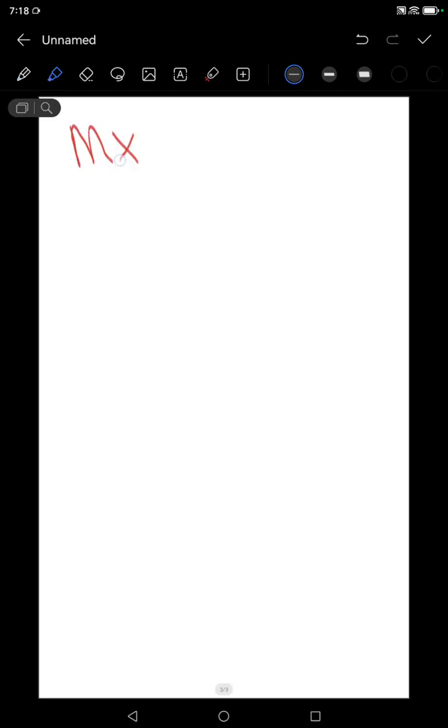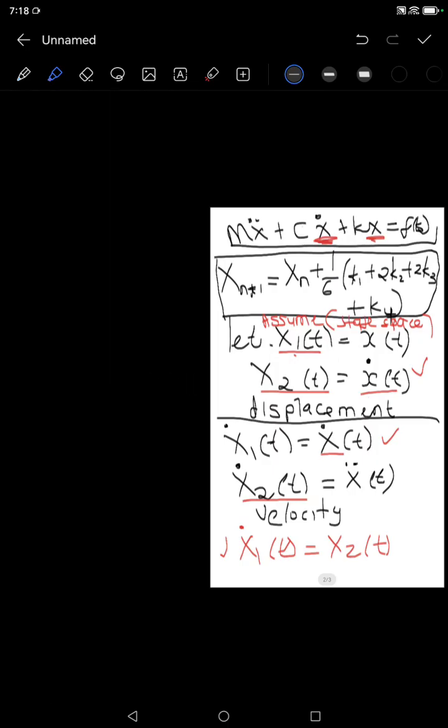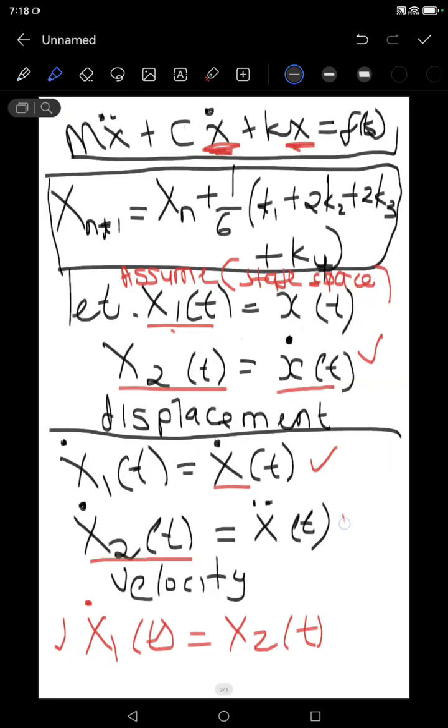Remember, we have m x double dot plus c x dot plus k x equals f of t. Okay, so now from our state space, our x double dot is x2 dot.